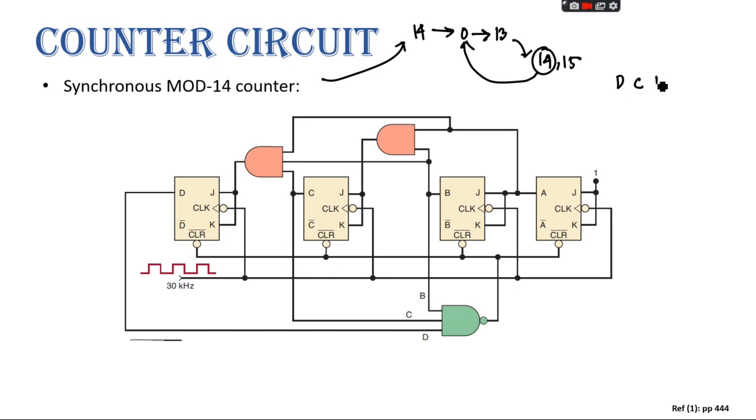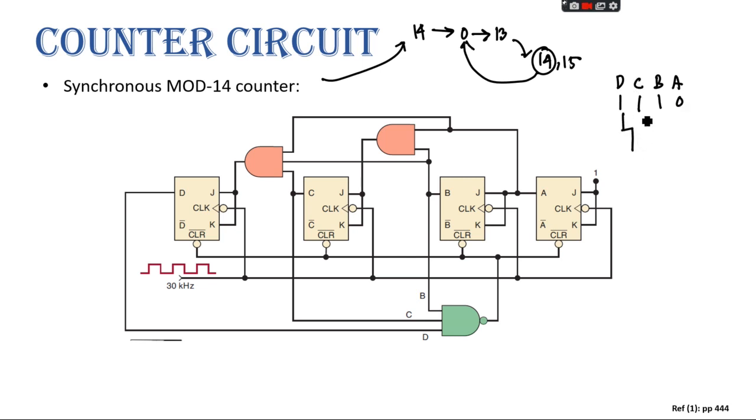So if you say DCBA, how can we make 14? 8 plus 4 gives you 12. In order to make 14, you need to have three ones and then 0, right? Yes.